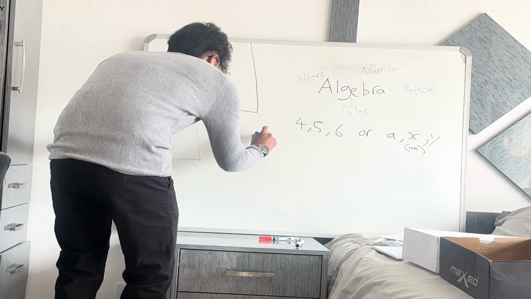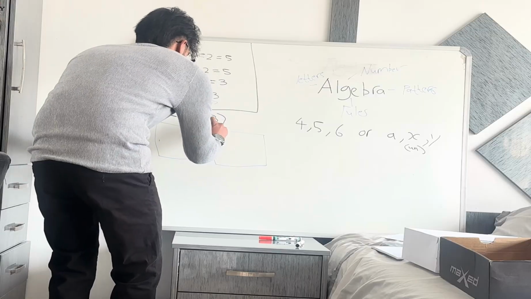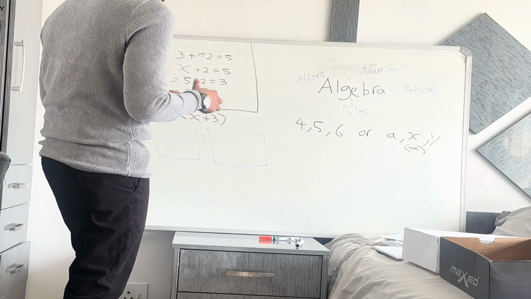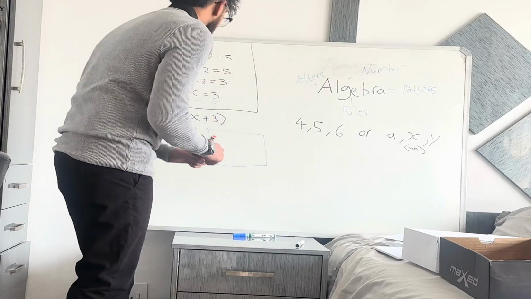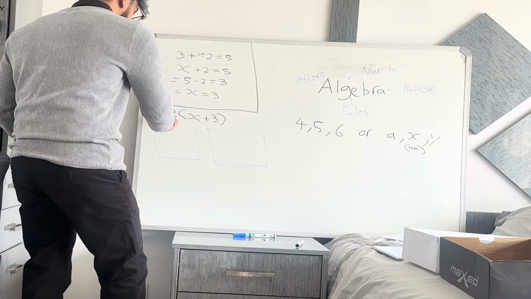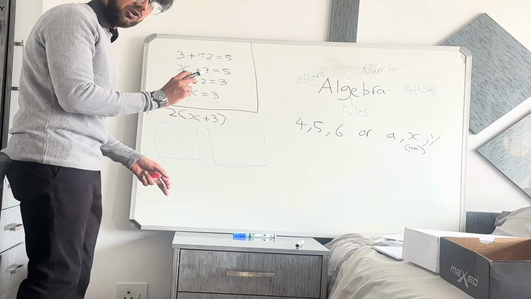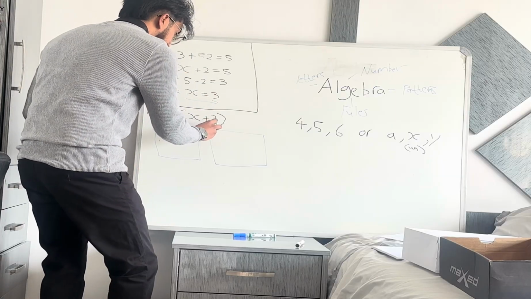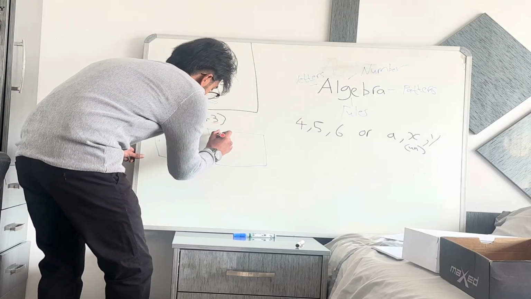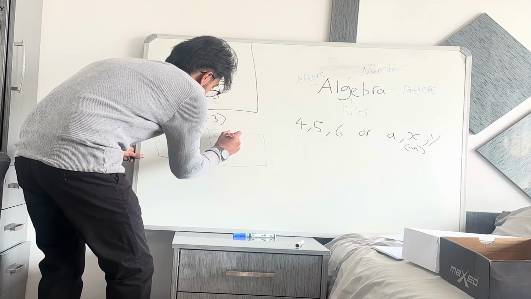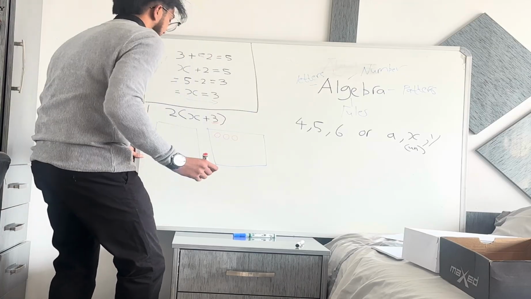There's one box. There's a second box. So what this means is we have 2 boxes here, and this is representing the 2. And in each box is 3. Okay? So let's draw the oranges. 1, 2, 3.